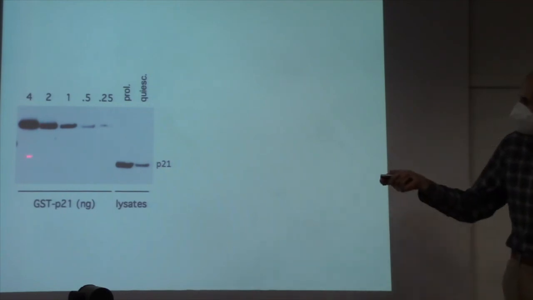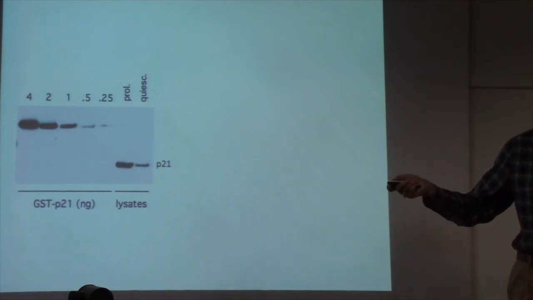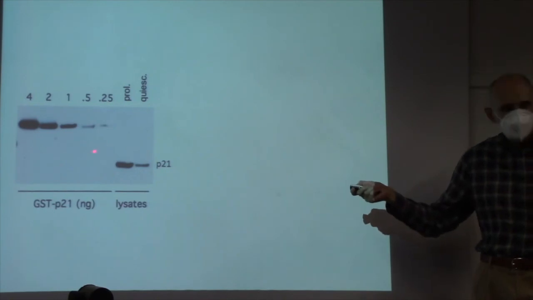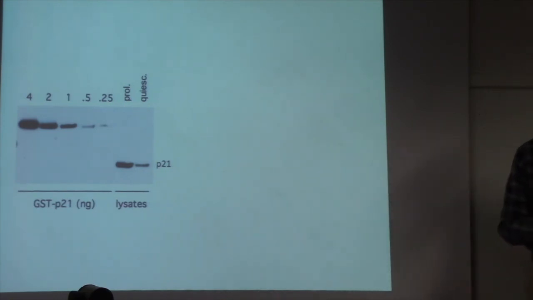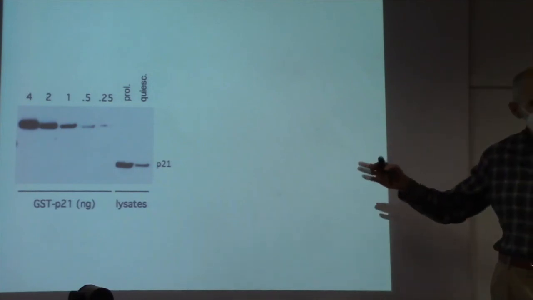Now, these migrate more slowly than this one in the gel because they are recombinant proteins. So they have a tag that allows to purify them. But that's a technical thing that doesn't merit discussion here. What we have here, though, is a reference scale with absolute known weight associated to different volumes of the band.